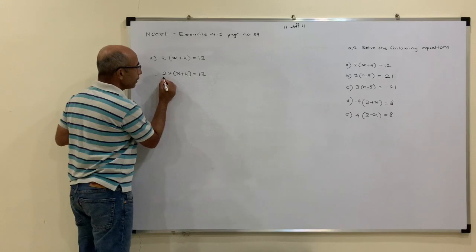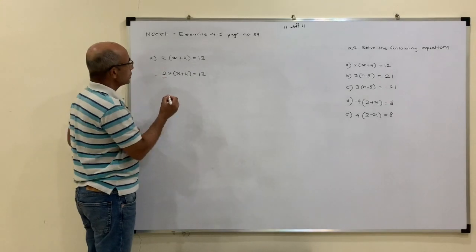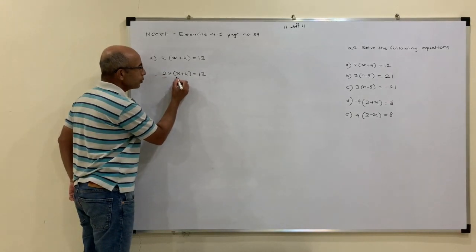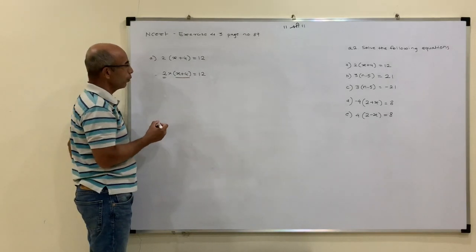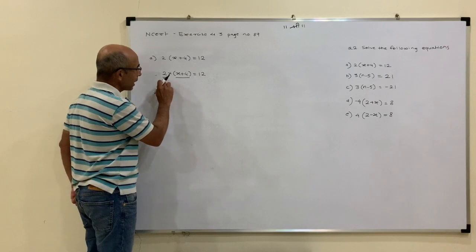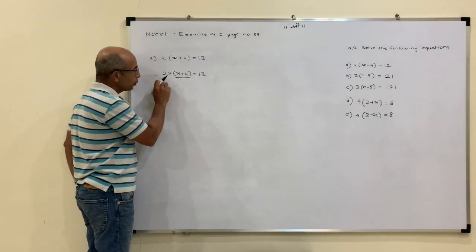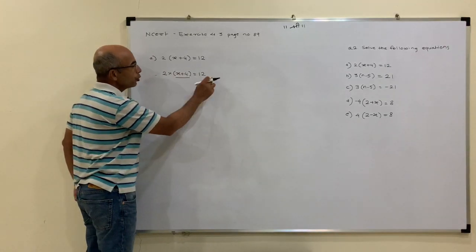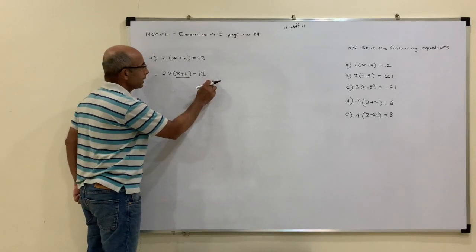Now to get rid of this 2, so 2 is multiplied to this expression x plus 4. So I'll divide it by 2, or you can say I'll transpose the multiplication by 2 from the left hand side to the right hand side.